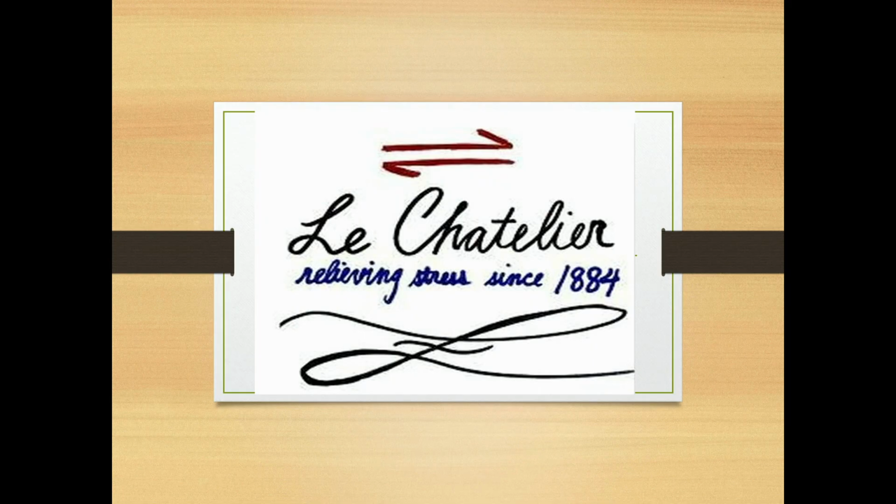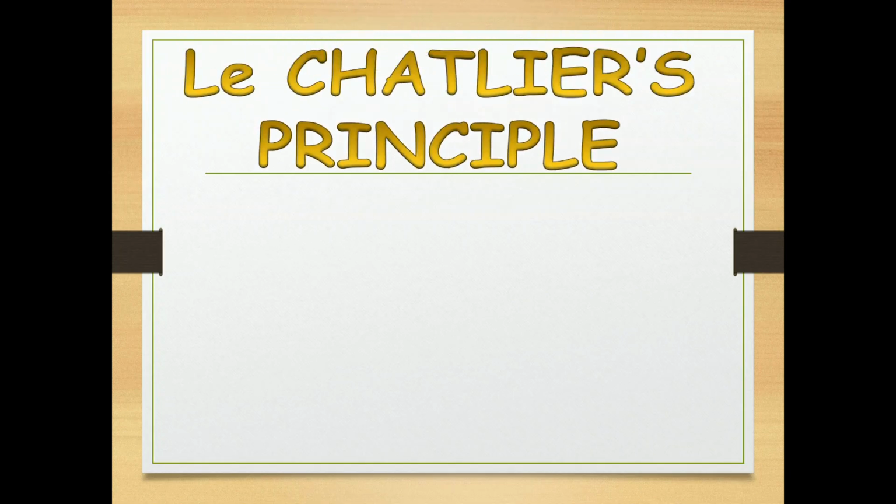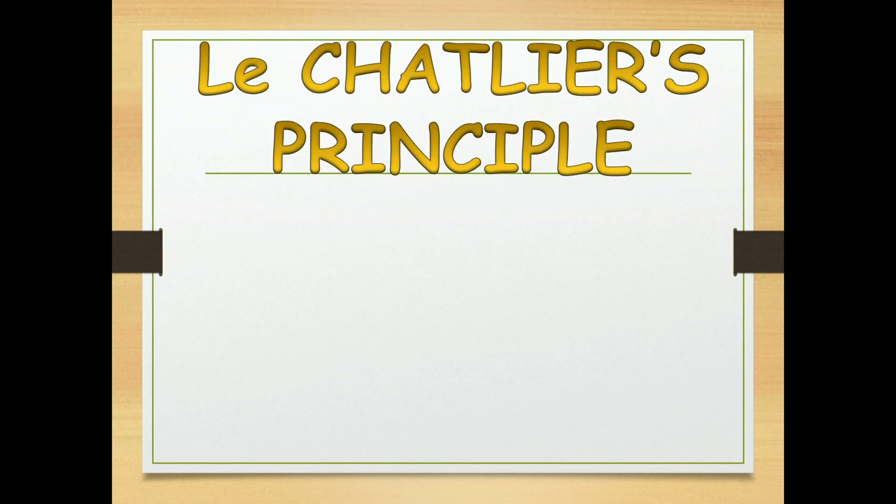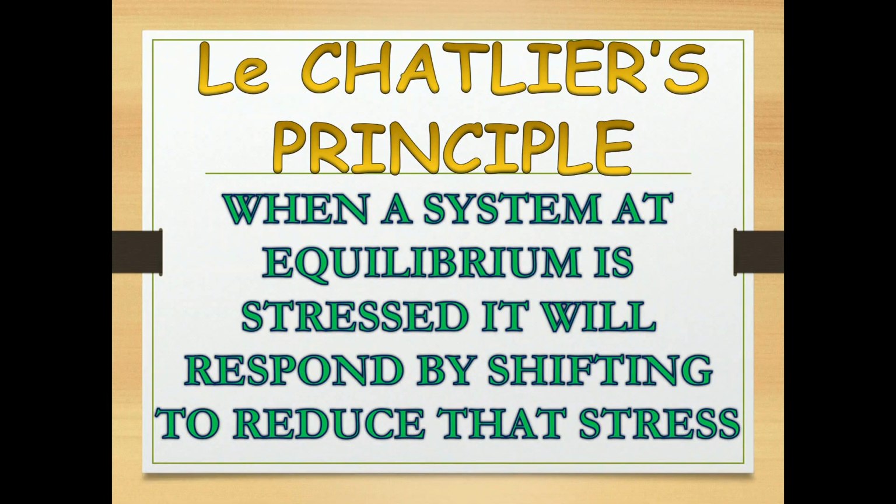Now this says relieving stress since 1884. What the heck does that mean? Well, stress is anything that we do to a system at equilibrium that messes up the equilibrium. So Le Chatelier's principle says that when a system is at equilibrium and it is stressed, it will respond by shifting to reduce that stress.